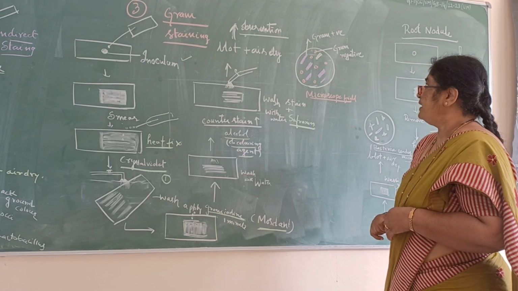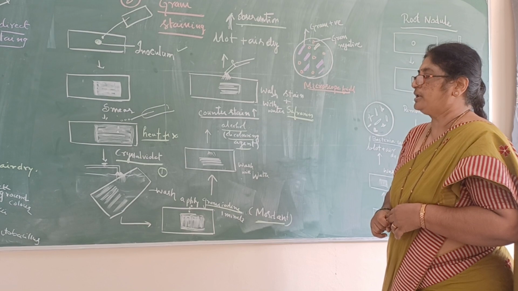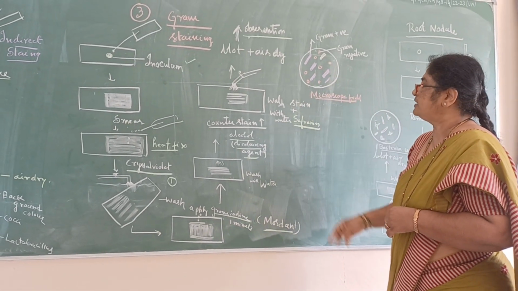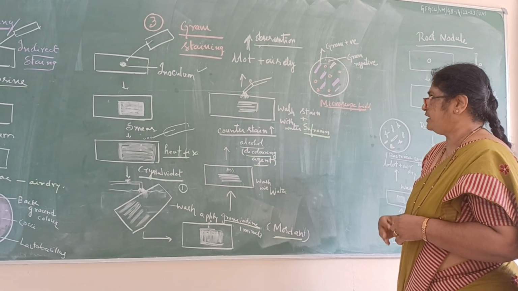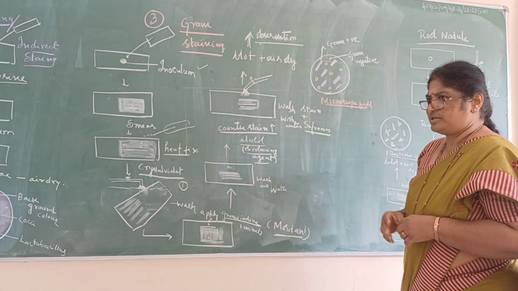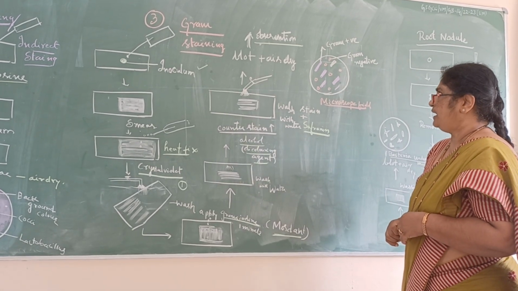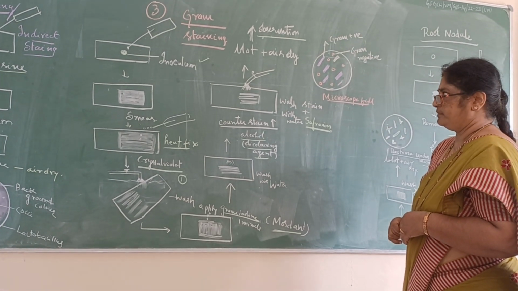Gram-positive bacteria will take the first primary stain, crystal violet, so they appear blue. Gram-negative bacteria will take the counter stain safranin, so they appear pink.